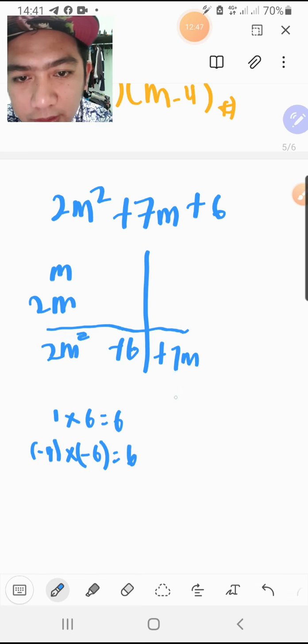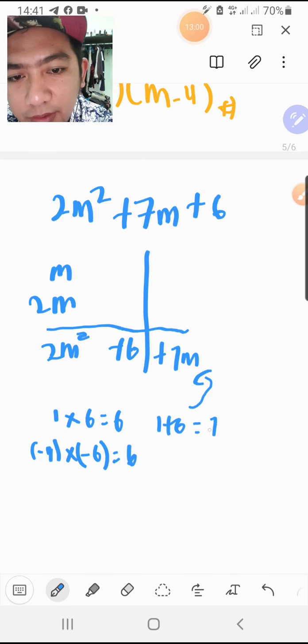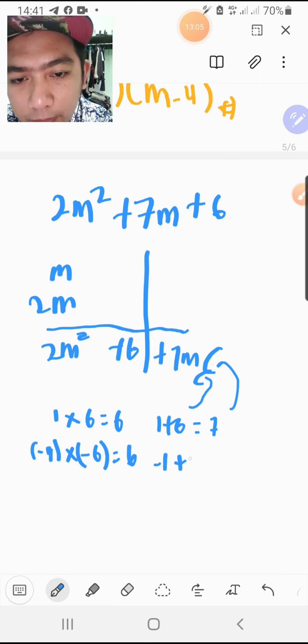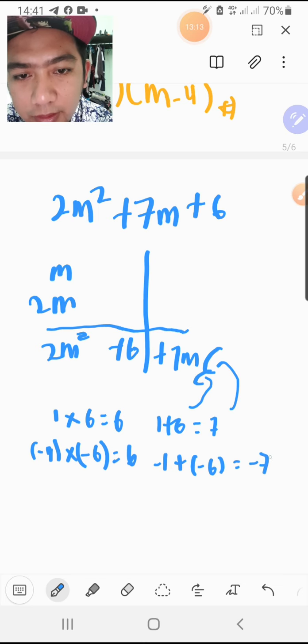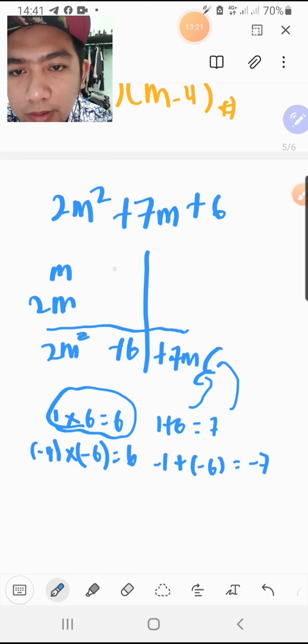So actually we have to check here. The final answer should be positive 7. So for these two factors, if you add 1 and 6, you will get 7. Same, right? How about this one? Negative 1 plus negative 6, it will become negative 7. So it is not the same as the final answer here. That's why we choose the factor 1 times 6 positive.